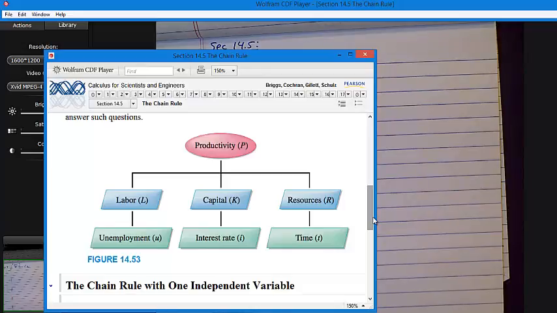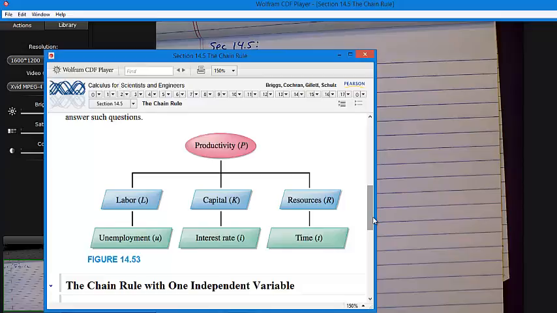Productivity is a function of labor, capital, and resources, correct? Does it depend on all those things? Sure, Paul, if you say so. Okay. Labor is a function of unemployment. Is that true? Okay, as unemployment goes up, maybe. Well, yeah, they're related.